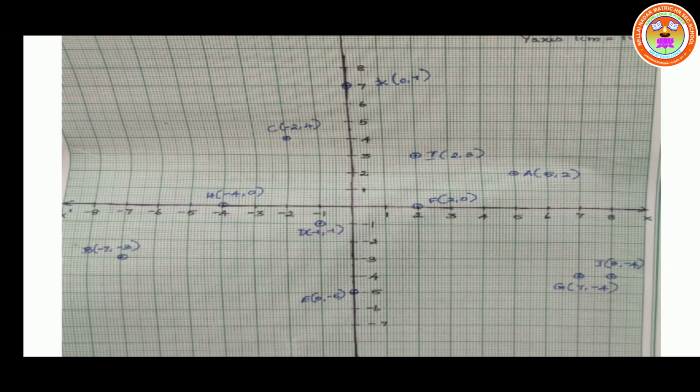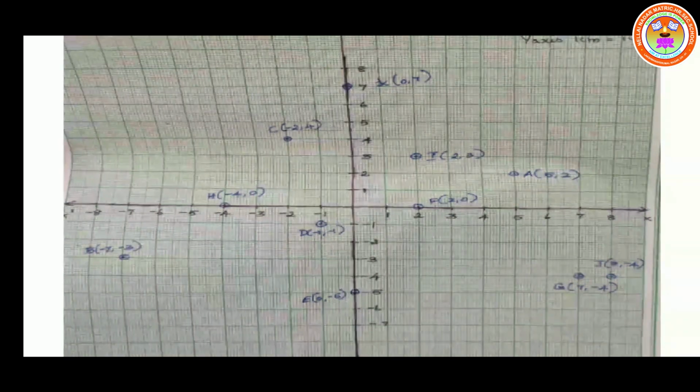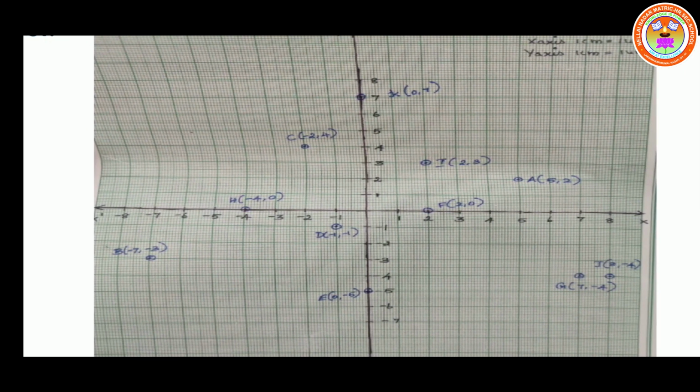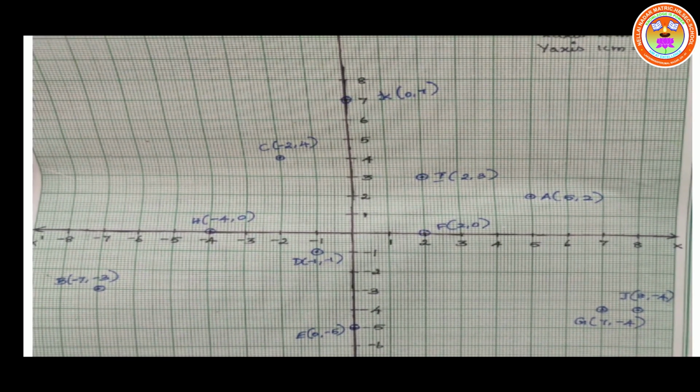That is J of 8 comma minus 4. And the last point, K. K is 0 comma 7. So the x value is 0, and 7 is the y coordinate. So this point lies on the y-axis.